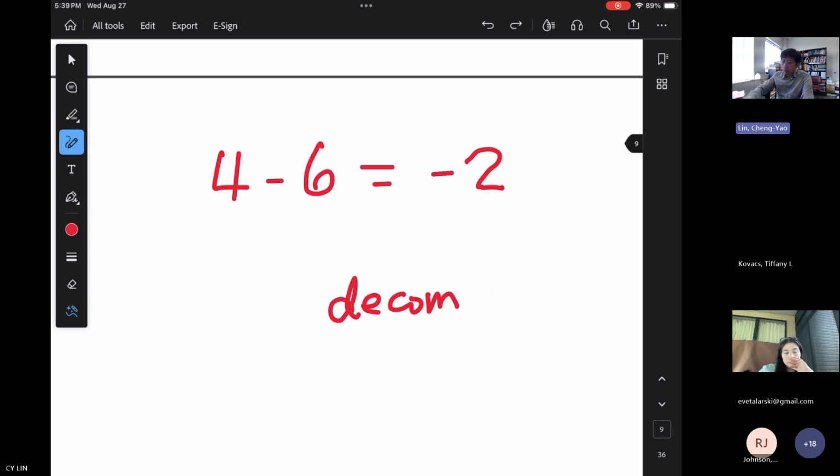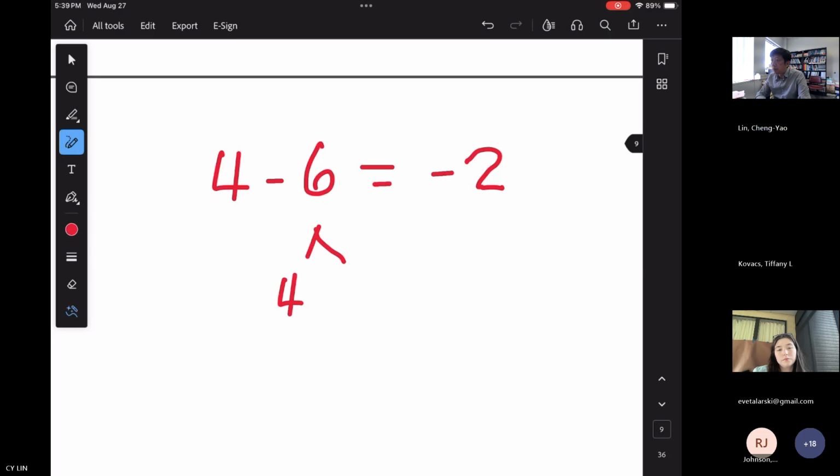So how do they decompose? 6. Can we decompose it into 4 and what number? 4 and 2. Yeah. 6 can decompose into 4 and 2.